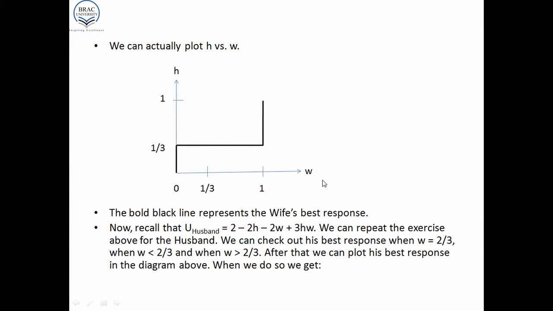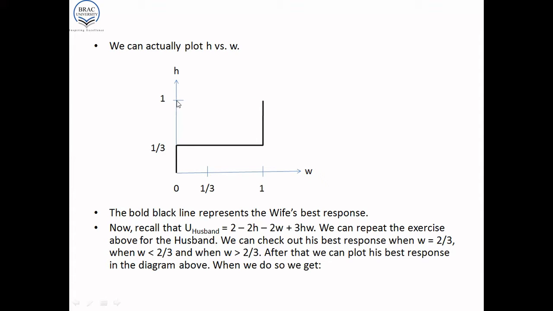When H is less than 1/3, the wife's probability should be below 1/3 as well, right? Any value below 1/3 up to 0. To maximize her payoff, she should set it equal to 0. When H is greater than 1/3, the wife's probability W should also be greater than 1/3.